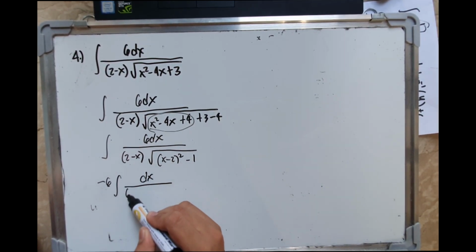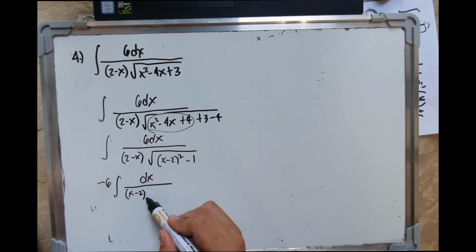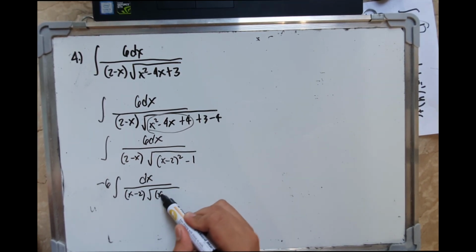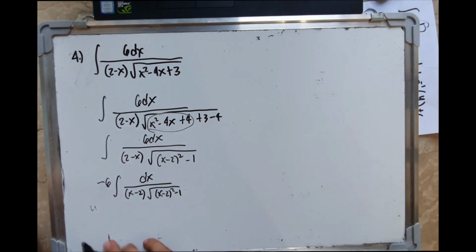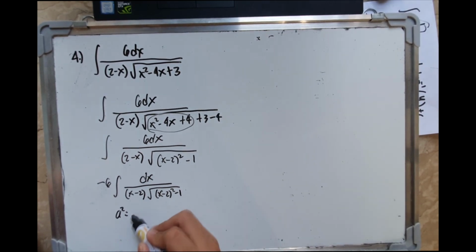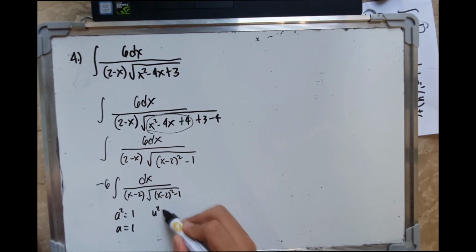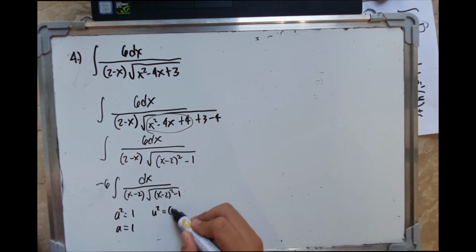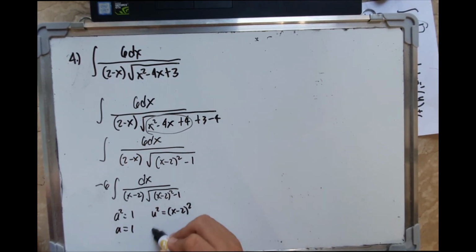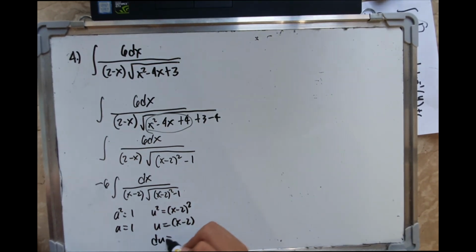This will be reversed, x minus 2. The square root of x minus 2 squared minus 1. Obviously, we have our a squared as 1. Our a will be 1. How about here? Our u squared is x minus 2 squared. Our u is x minus 2. Du is dx.